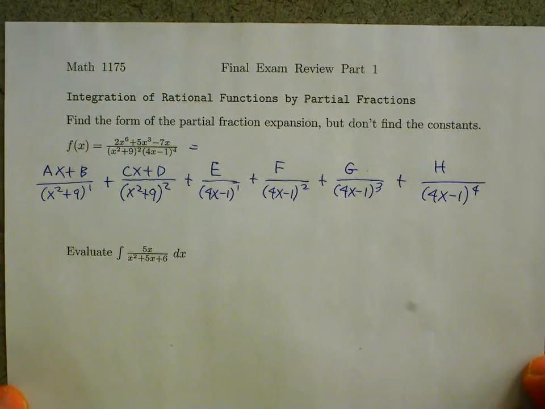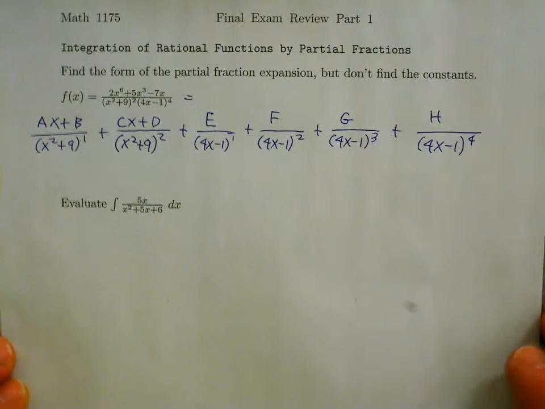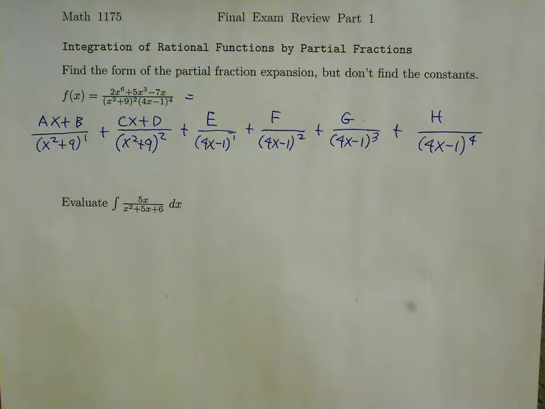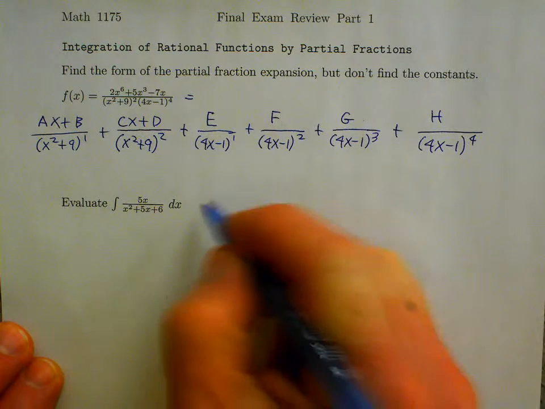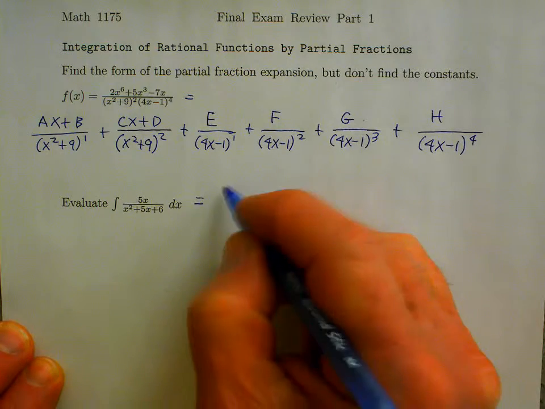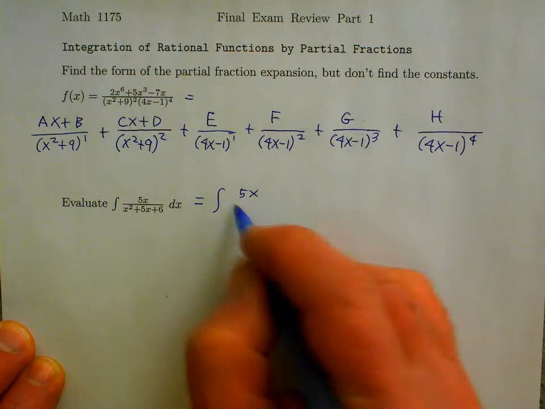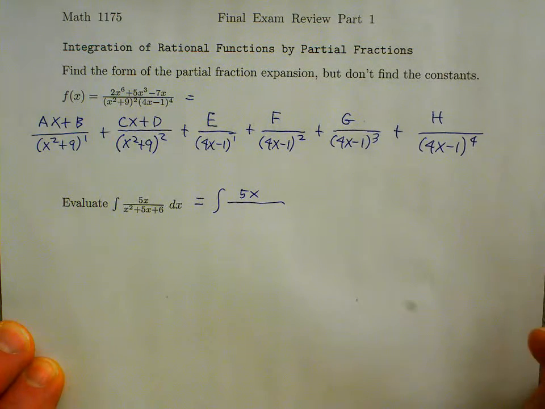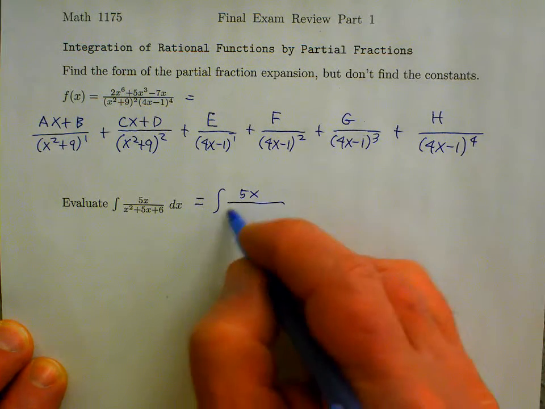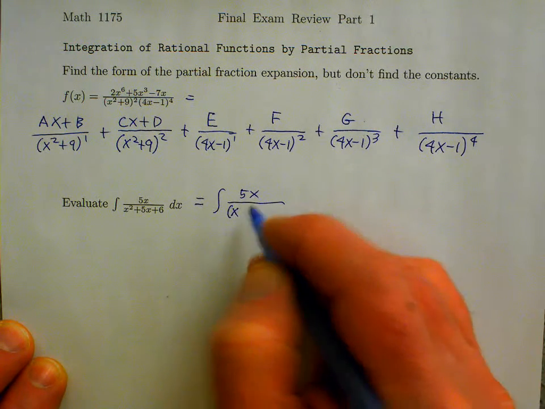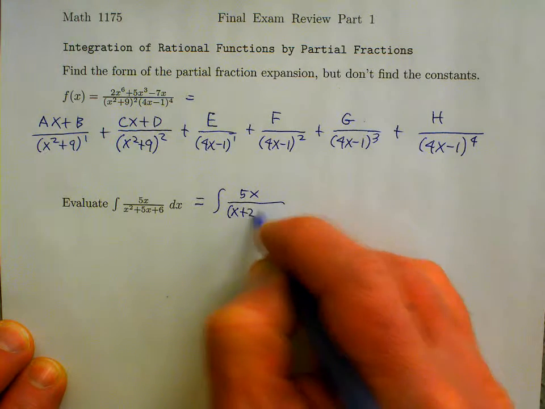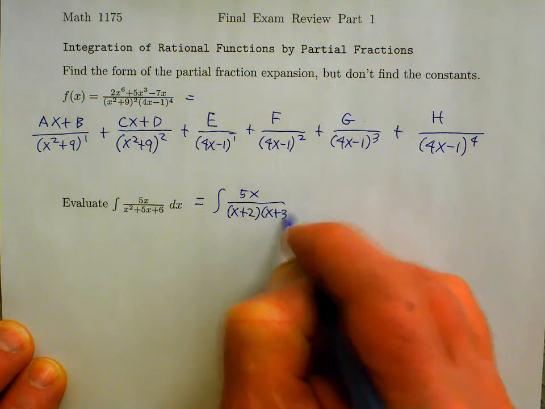The next one, though, evaluate the indefinite integral of 5x over x squared plus 5x plus 6. So the denominator can be factored easily enough. We get two linear factors, x plus 2 and x plus 3.